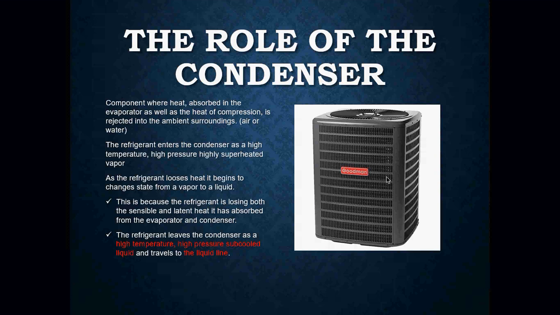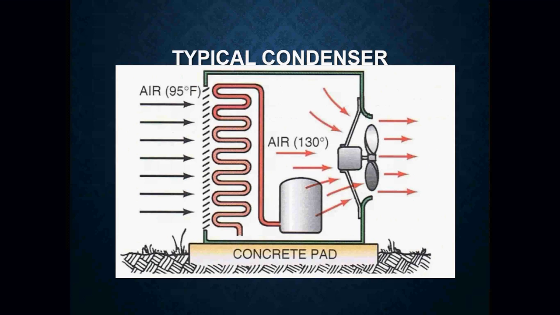That is the point in the condenser where this begins to happen. Okay, the refrigerant leaves the condenser as a high temperature, high pressure, subcooled liquid. As it leaves the condenser, it's connected to the liquid line.